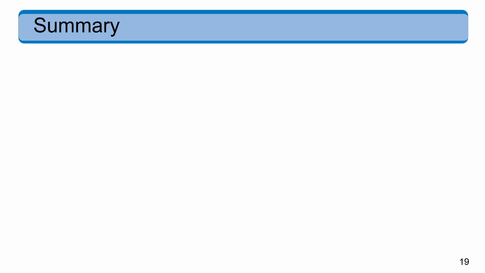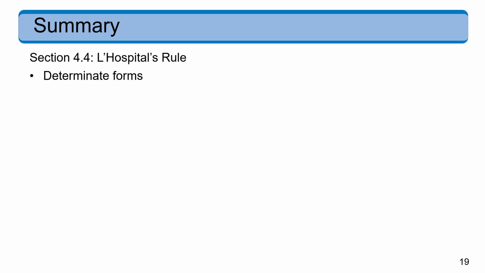So let's summarize what we covered today. We covered all of section 4.4 on L'Hopital's rule. We started by talking about what determinate forms would be. So there are certain situations where you can look at the limits of the various parts of the function, and that is enough to tell you what the limit will be just by seeing the form.